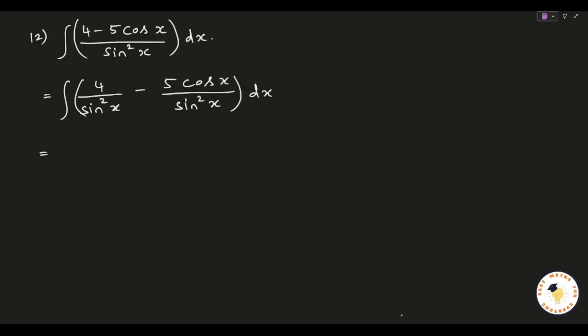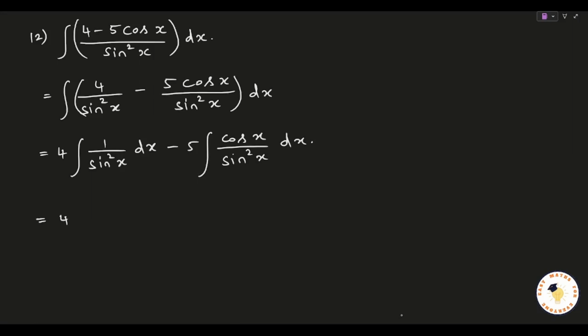Simplifying further, taking out the constants outside, we get 4 integral 1 by sin square x dx minus 5 integral cos x by sin square x dx.